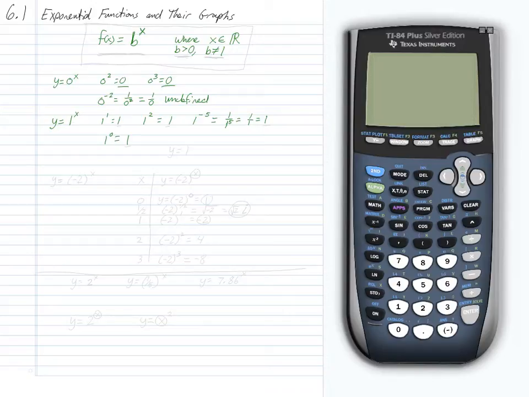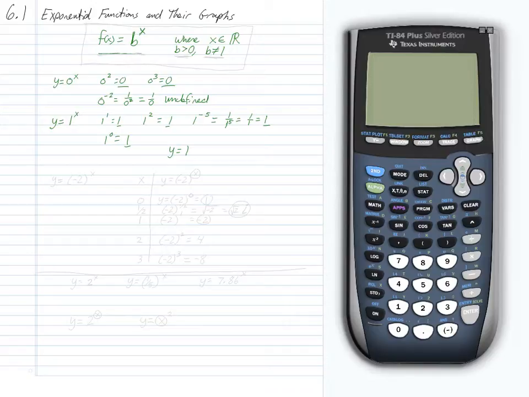It's a nice enough function, but we don't include it in the family of exponential functions because this one is really just linear. We always get the same output regardless of the input, and we have already seen functions that behave that way. y equals 1 would be a horizontal line. So this is not an exponential function.